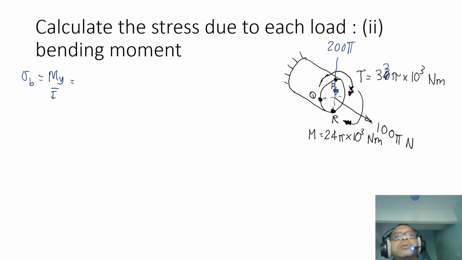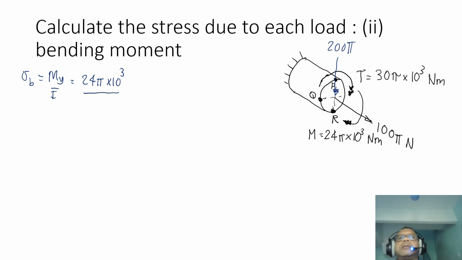So M is 24 pi. Oh no, I cannot change it. Sorry, this one is maintained as 30 because it comes from the 20. So 24 pi times 10 to the power of 3.